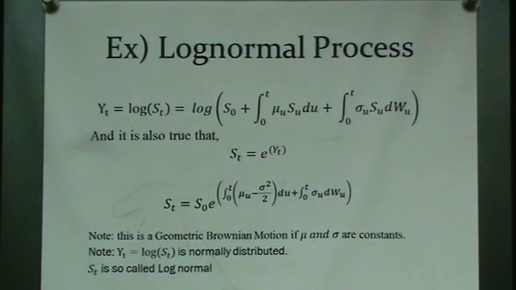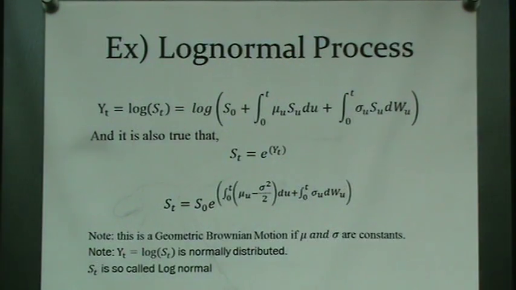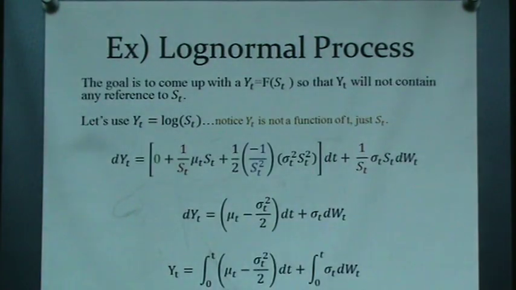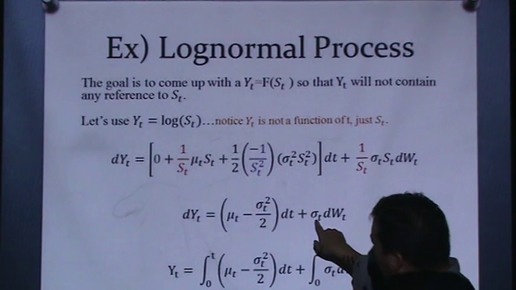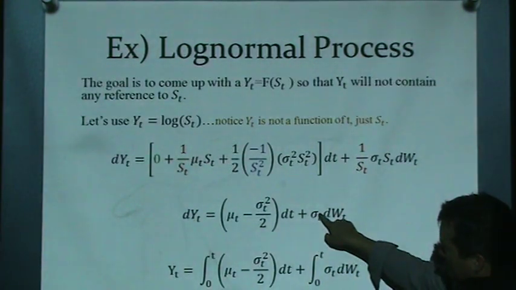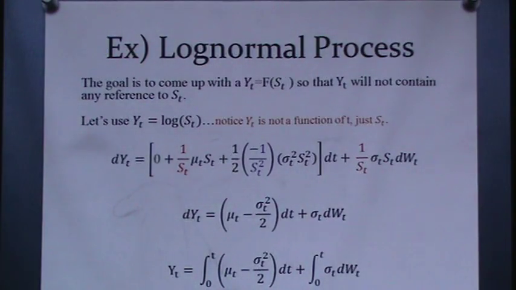So the original function y, after we calculated it out, the y function is normally distributed. So we have these constants, and it's normally distributed with sigma as its standard deviation.